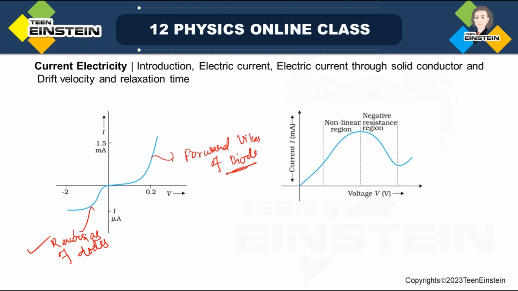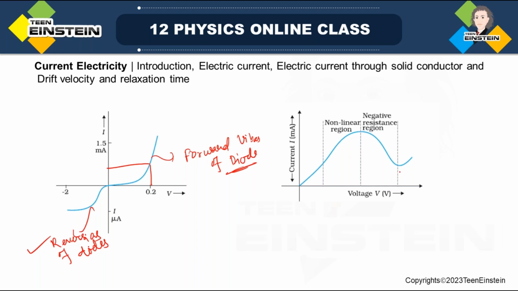In this case, obviously this is a non-linear portion. At very high voltage maybe there could be some linear relationship.